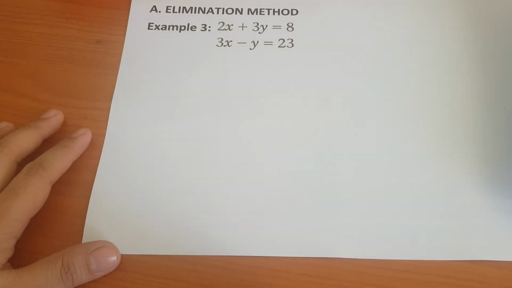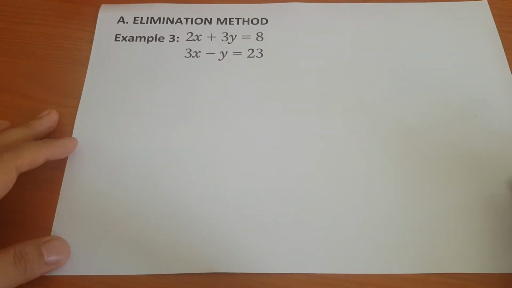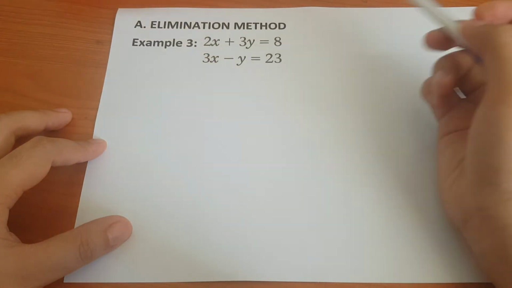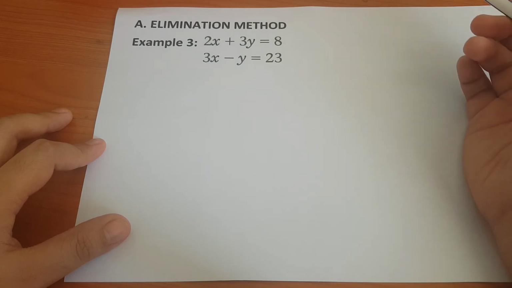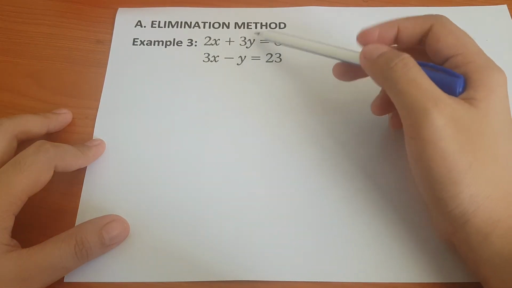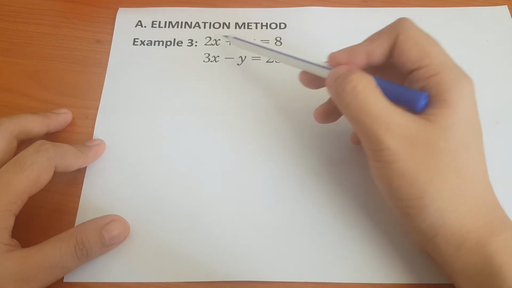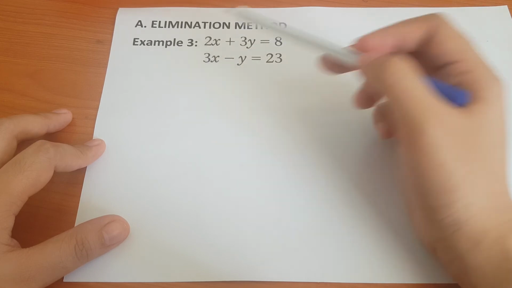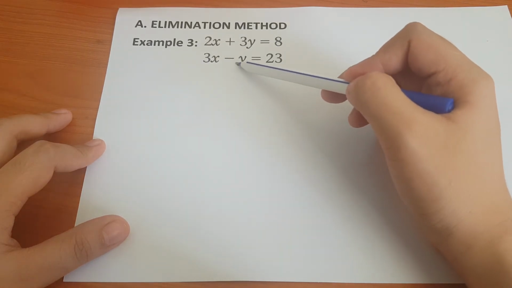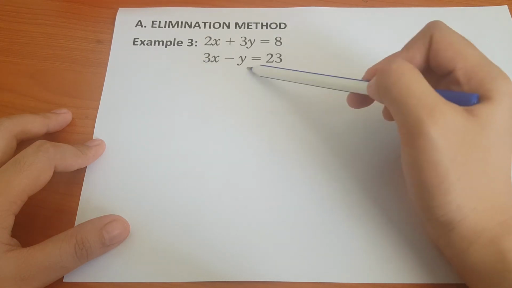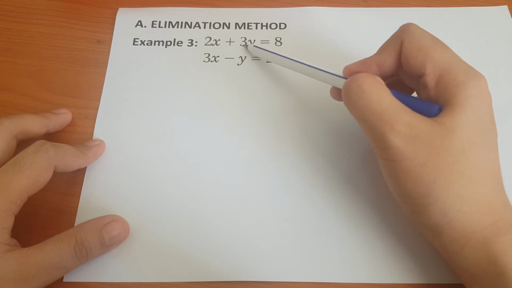Okay, let's move on to our last example for the elimination method. So if you observe 2 and 3, 3 and minus y, what will you do here? You want them to be the same number with opposite signs. If you look here, 2 and 3, you would need to multiply both by something. But in this case, 3 and minus 1, it is easier to multiply something here that will make this equal to this.